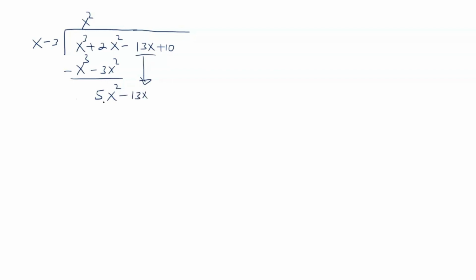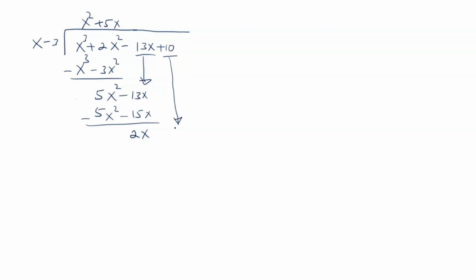We want to get rid of the highest degree term, x squared, so we multiply by 5x, giving 5x squared minus 15x. We take away, and that gives me 2x.